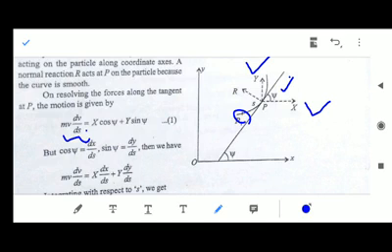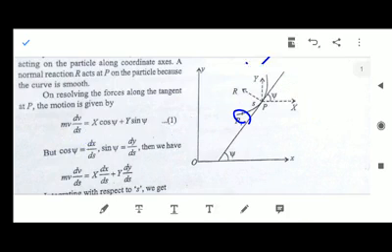So we have equation 1 for the motion along the tangent. But as we know, cos psi is dx by ds and sin psi is dy by ds. So putting these values, we get the next equation.